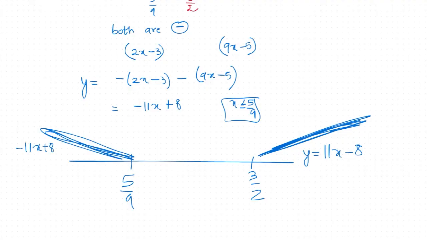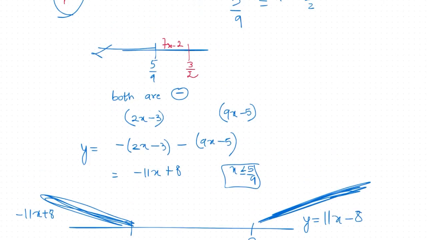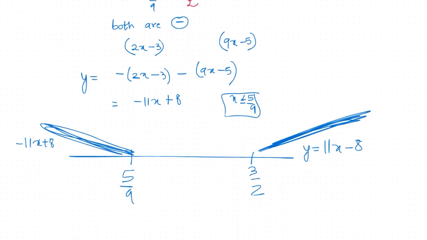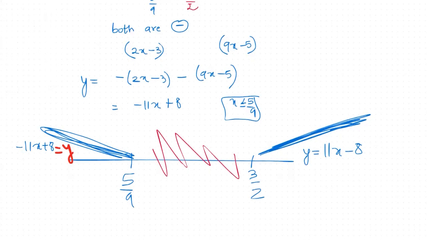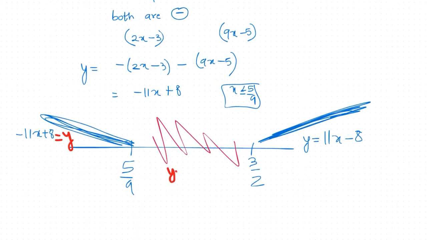And in this region, it is acting as y is equal to 7x minus 2.